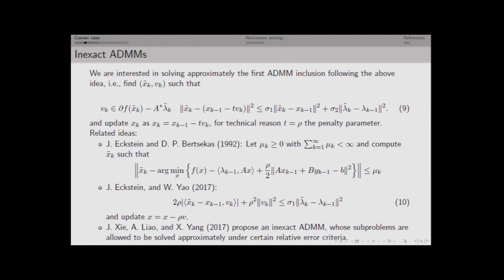If it's 1, then the method doesn't work properly, and it's different from this one because of this modulus. So it's not so clear, but there are some relations.